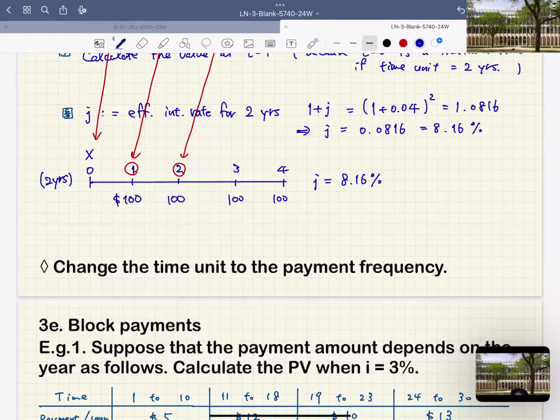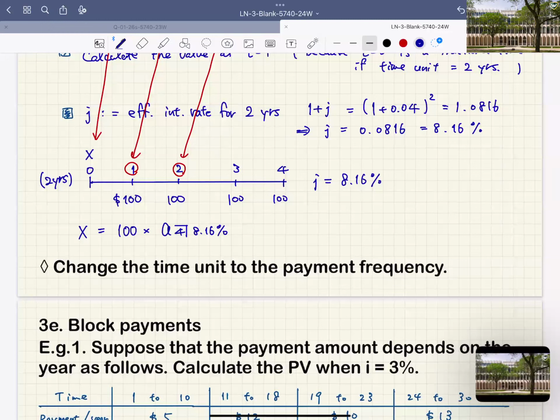And x is equal to what? So this is actually the 100 times 4-year annuity due. Sorry, 4-year annuity immediate. So x is equal to 100 times the 4-year annuity immediate at 8.16%.